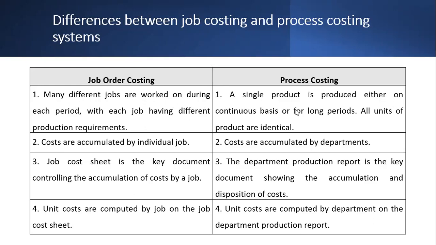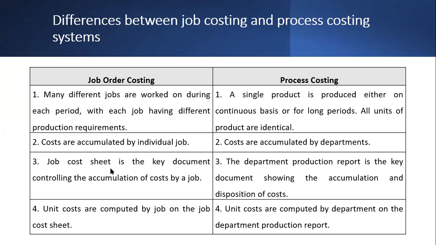Process costing we have now completed. Simply, the difference is that in job costing, many different jobs are taken. Here it is a single product, a little bit homogeneous. Costs are accumulated by individual jobs, cost objectives are different. But here, costs are accumulated by departments, processes, sections, likewise.